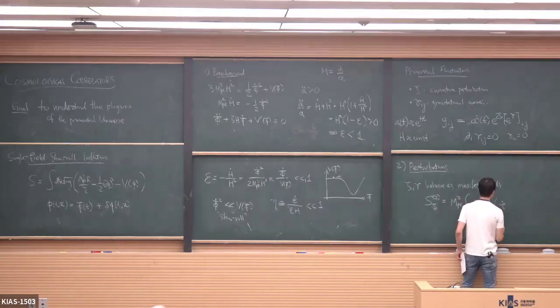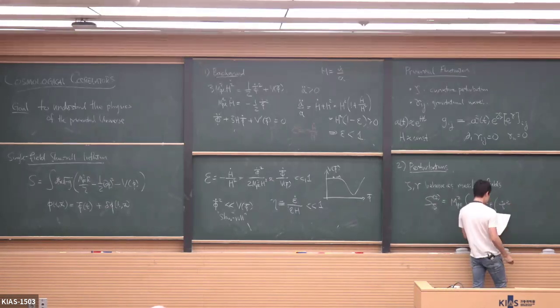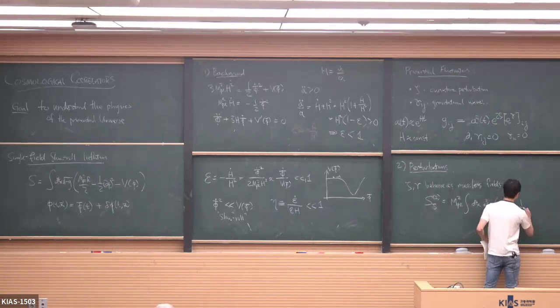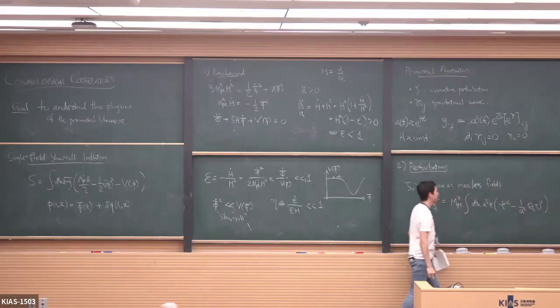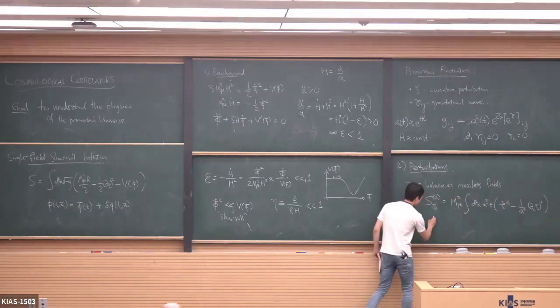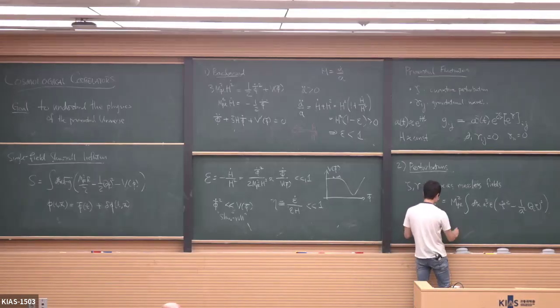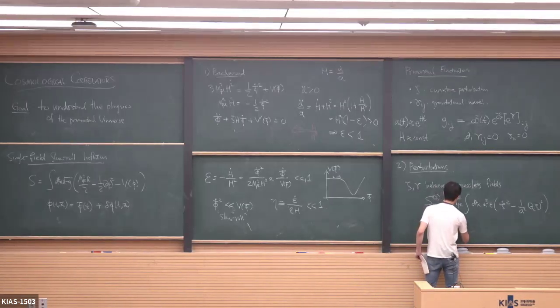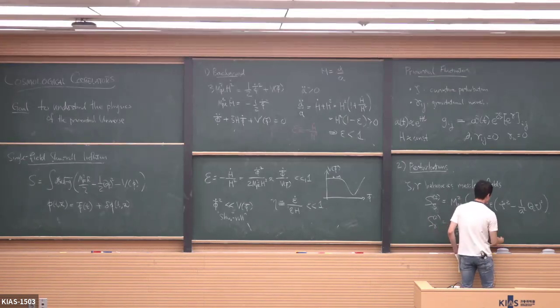Okay, so it has some overall normalization together with the standard kinetic term that looks like this. This is for zeta, and for gamma we have a similar-looking action with a slightly different normalization, and with a similar standard kinetic term.